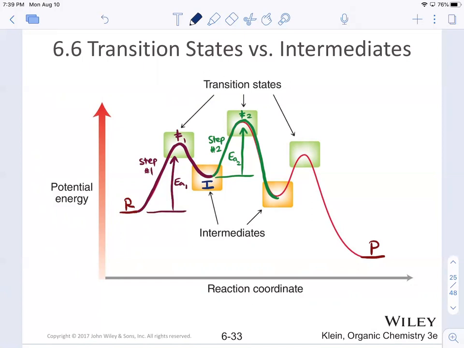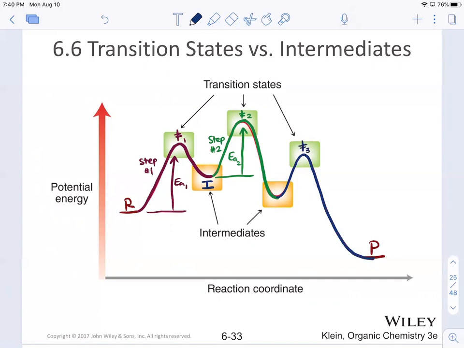They're the positions where we can't actually see them in real life when bonds are breaking and bonds are forming. So when we draw a transition state, we'll see that they're not real molecules, just more like theoretical points when the bonds break and form.